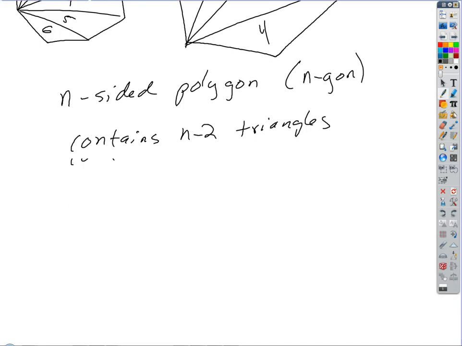So if it contains n minus 2 triangles, then the sum of the measures of the interior angles of an n-gon would have to be what? N minus 2 times 180, because that's how many triangles we're adding up, right? Okay, does that make sense?